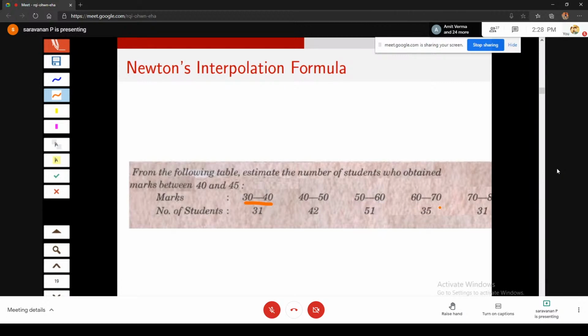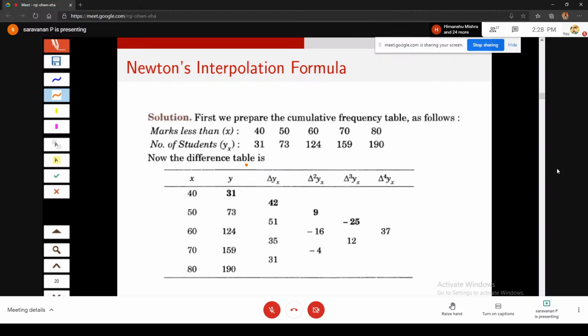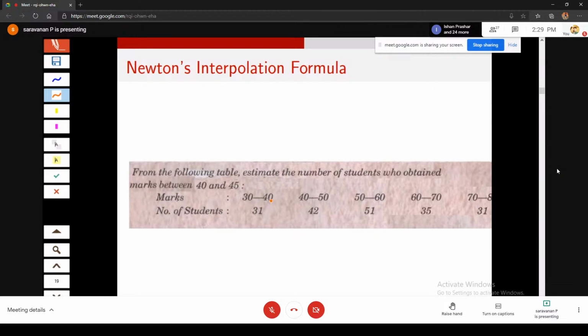So what we can do is take x as marks less than a particular value. Marks less than 40, number of students is 31. Less than 50 is 31 plus 42.